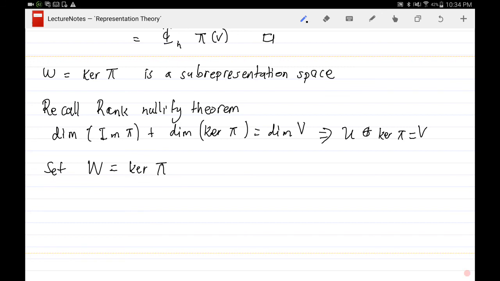And so the kernel of pi is the other sub-representation space that we were looking for.